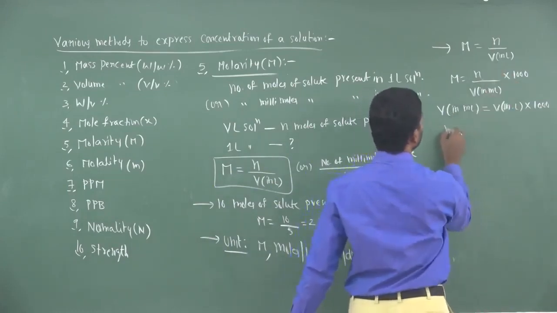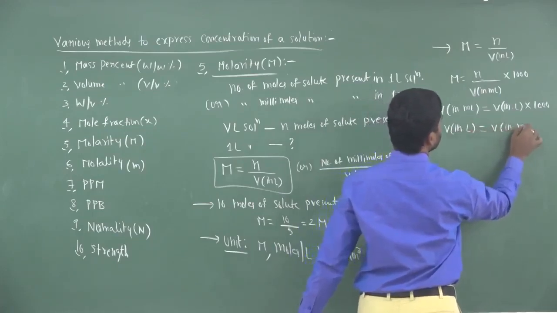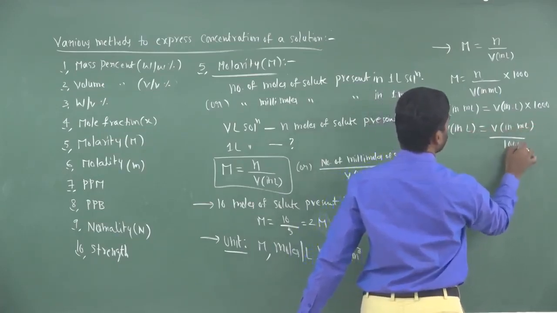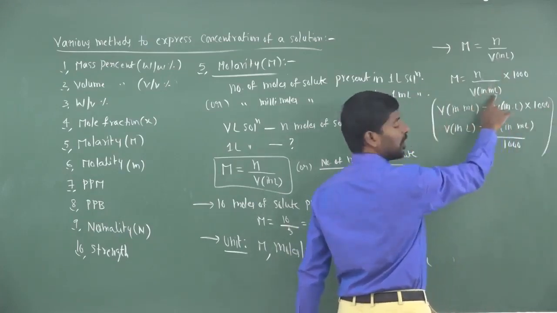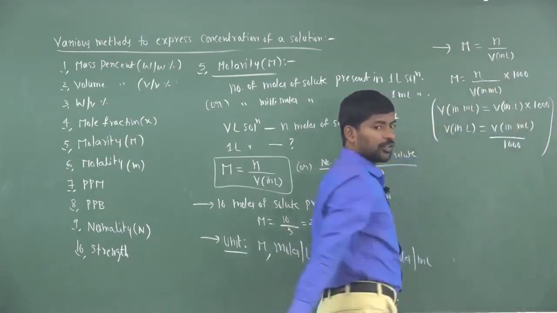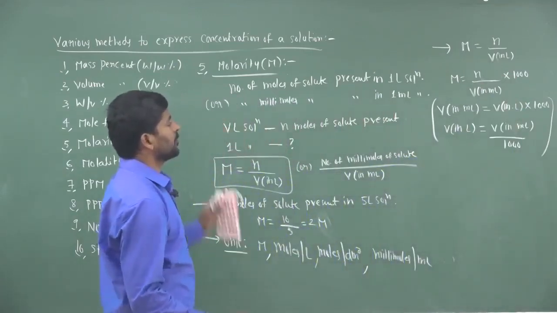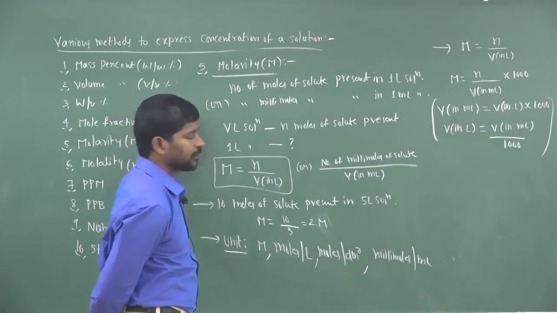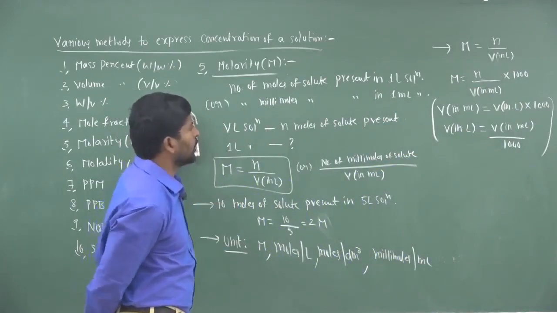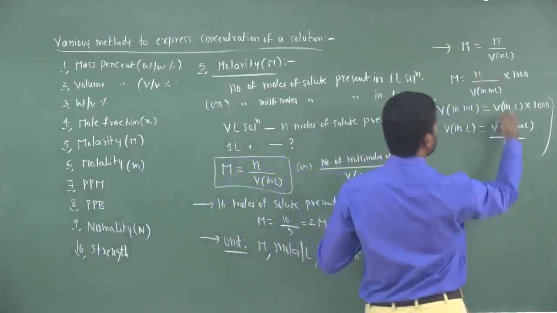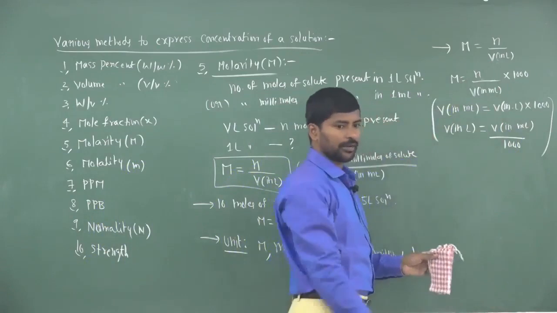So volume in liters we can write as volume in ml by 1000. So 1000 will come in the numerator. Here we have 1 by volume in liters, and the reverse will be 1000 by volume in ml.